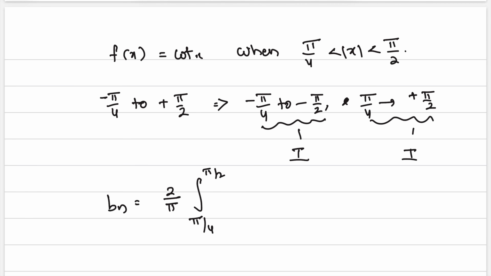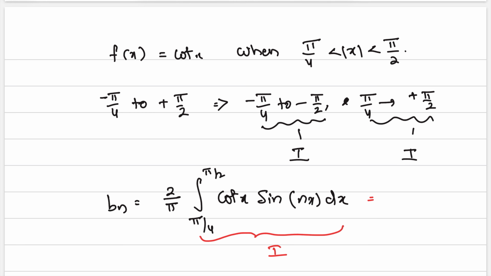From the negative side one I, and from the positive side another I. Then it will be cot x into sin nx dx. Let me say this as In, because n is there. Then this will be 2 by pi into In. The main challenge in this problem is to find out In.